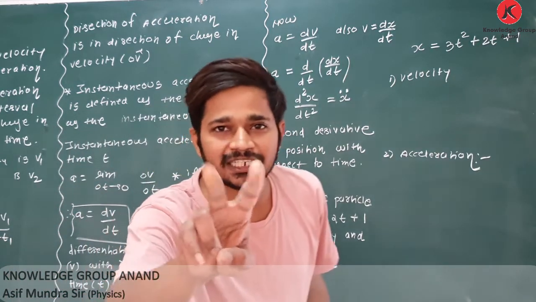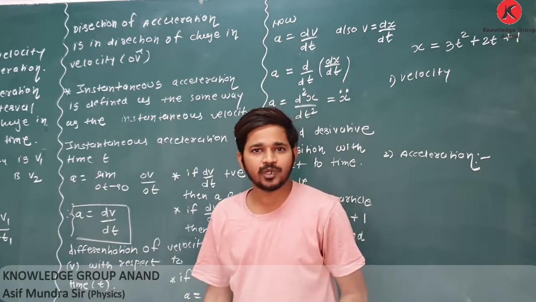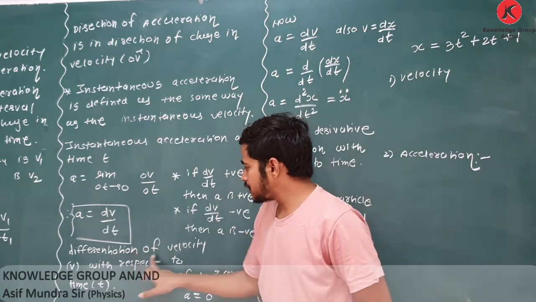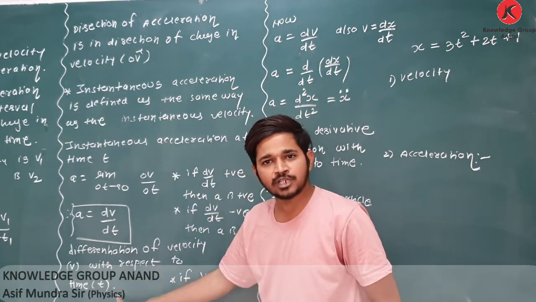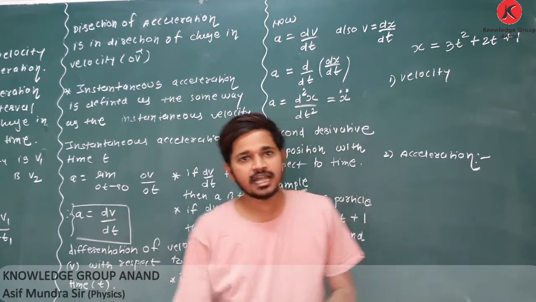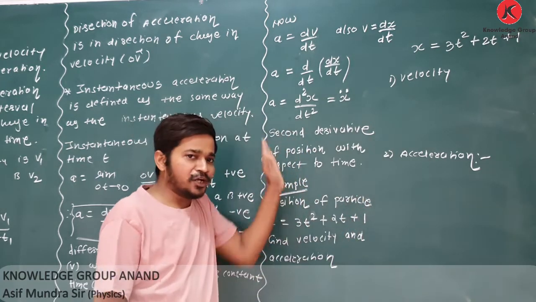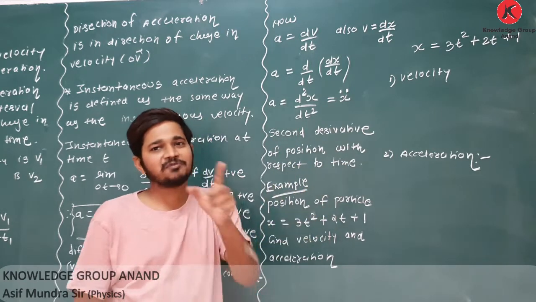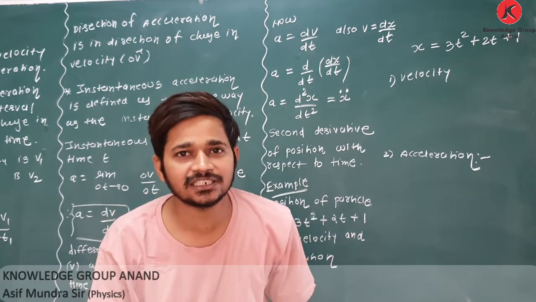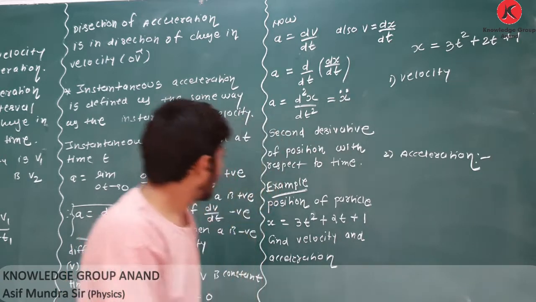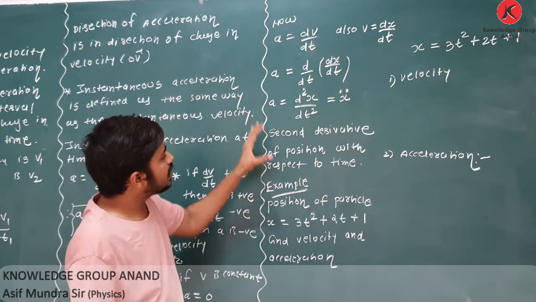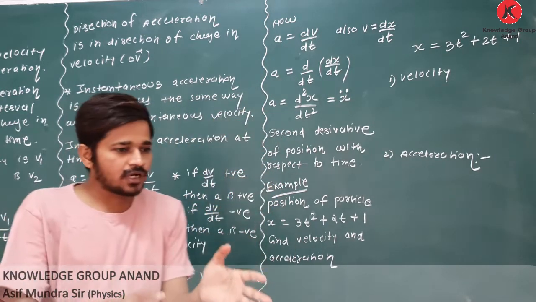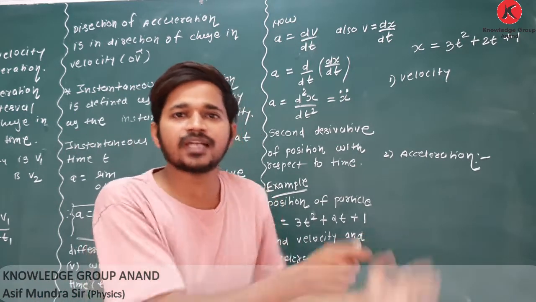So we can define acceleration with the help of two equations: derivative of velocity with respect to time, and second order derivative of position with respect to time. Clear? Okay. Now see, these are relations from position to velocity to acceleration.